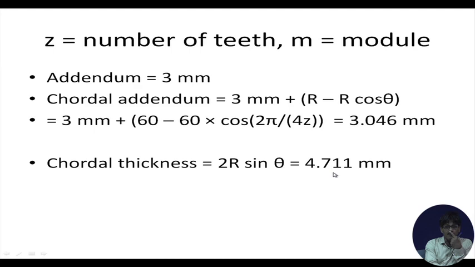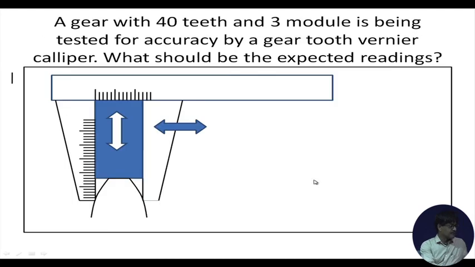So, if you open up the vernier to 4.711 and put it on the gear tooth and make the slide move away, the tooth tip will be pushing it back outwards, and it will register a particular distance along this scale.